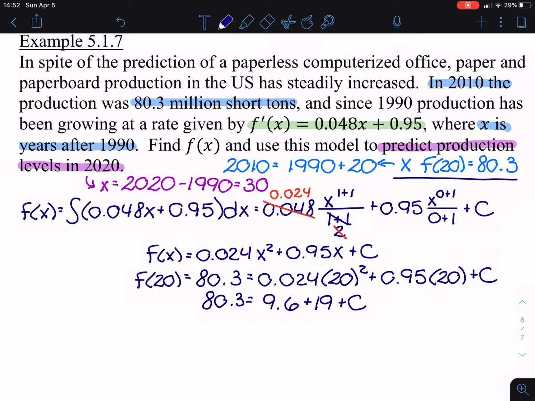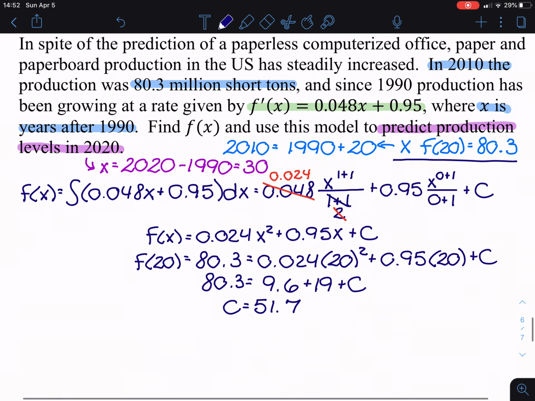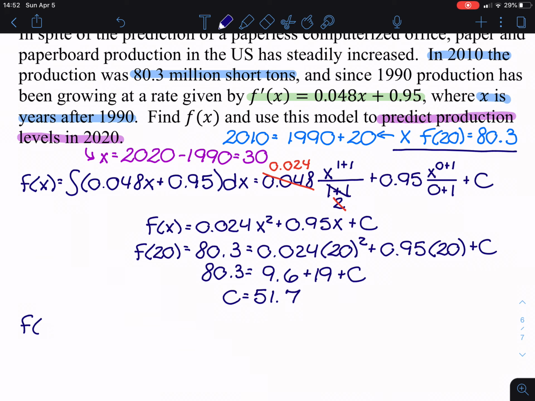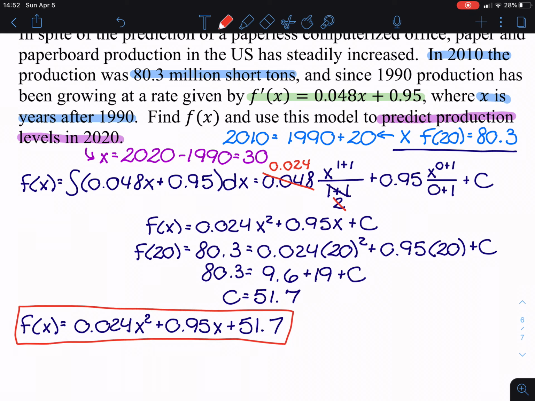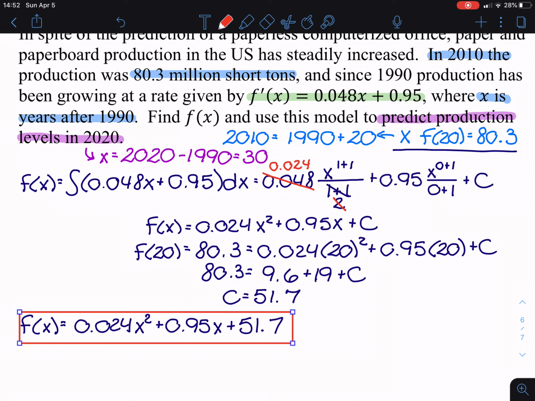And when I solve for C, that means C is going to be equal to 51.7. So the specific function for this example is 0.024x squared plus 0.95x plus 51.7. So that is the function that governs paperboard production after 1990.